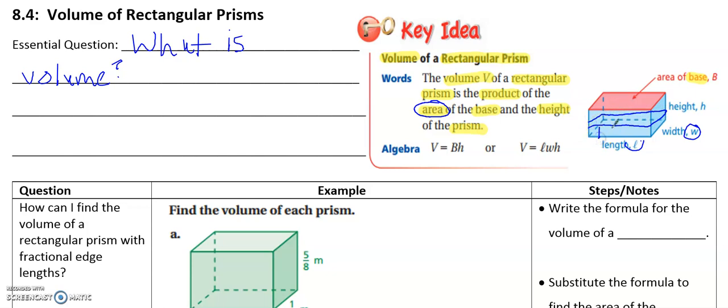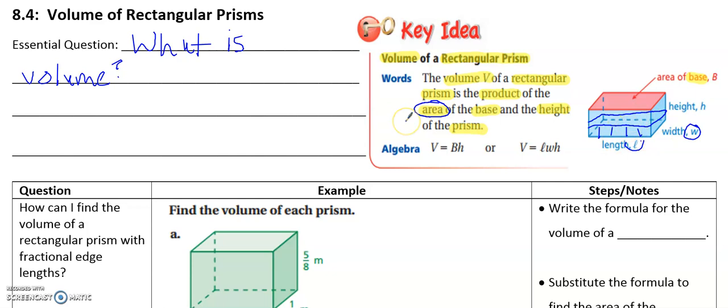There's a layer of cubes here, and say that there's 2 layers or something, and so the height is 2. So you have a layer of cubes times however many layers you have, you find out how many cubes it would take to fill this thing up.